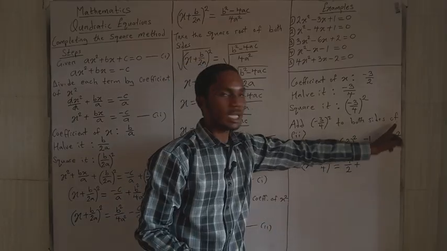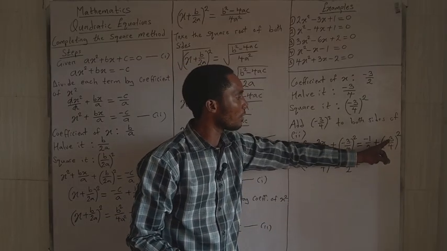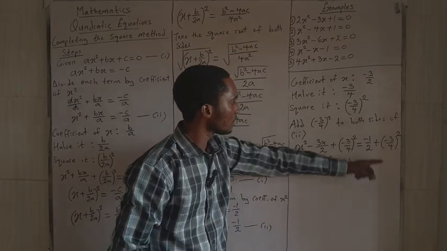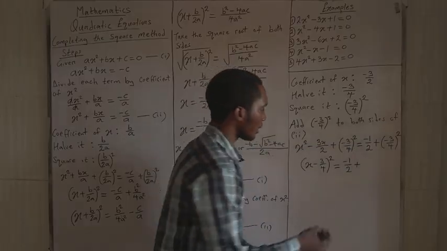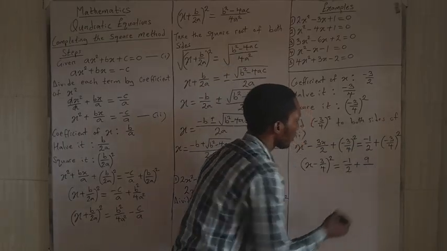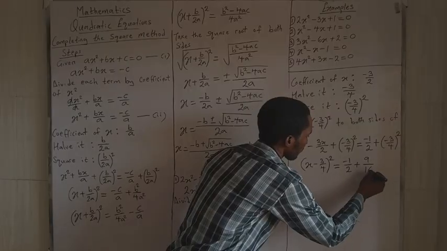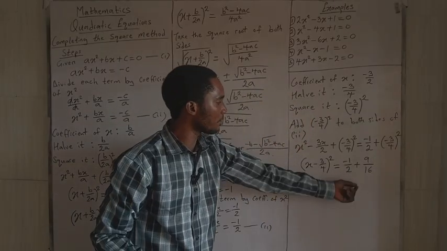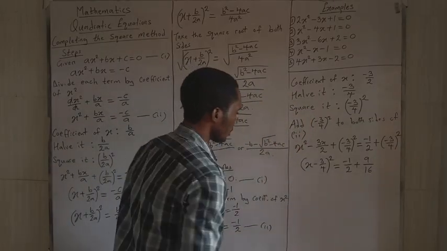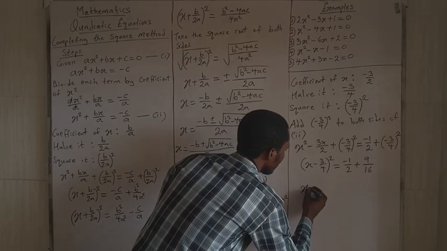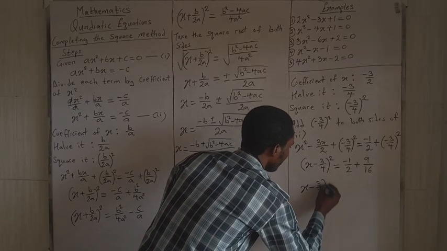Now, you can simplify this. Minus squared, minus times minus, that is plus. 3 times 3 is 9. 4 times 4 is 16. Let's find the LCM of these fractions. This is x minus 3 over 4.